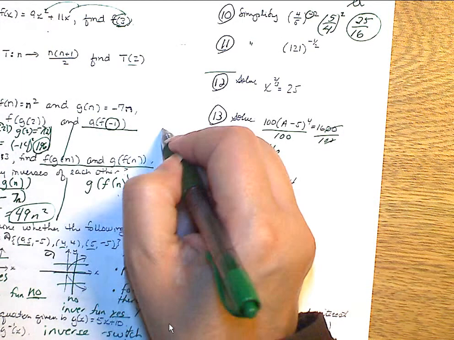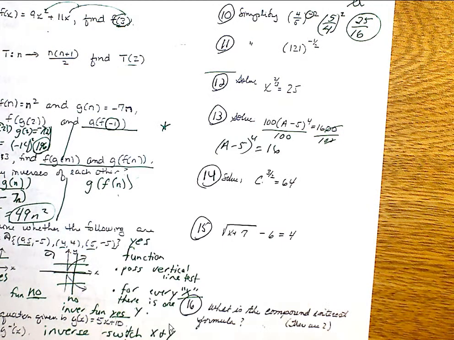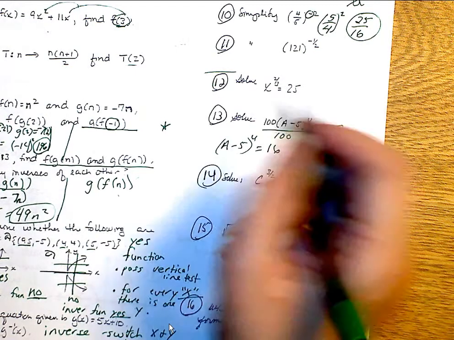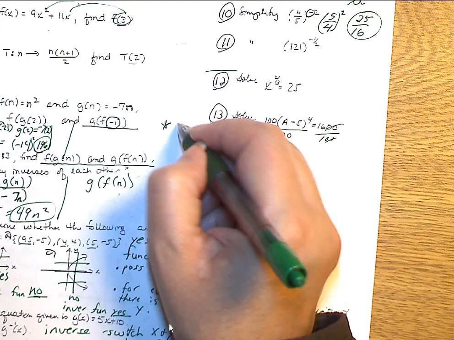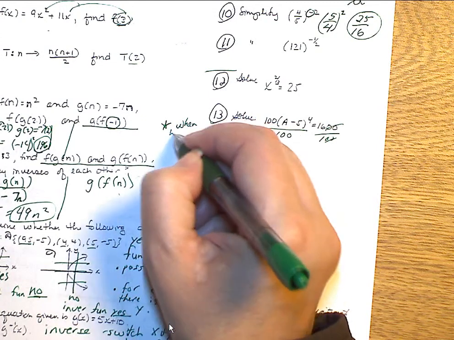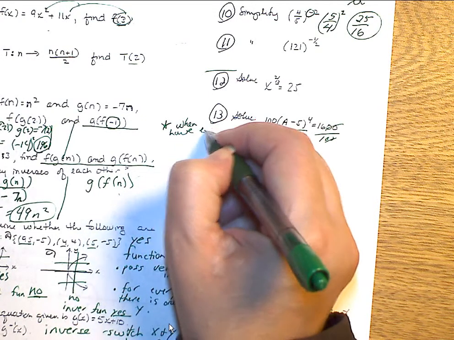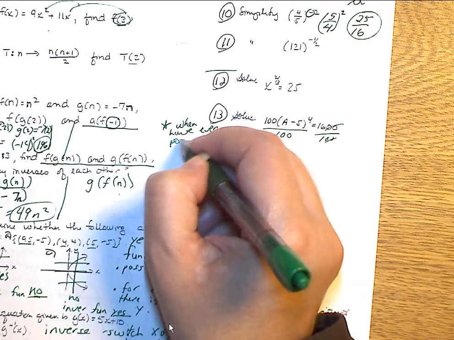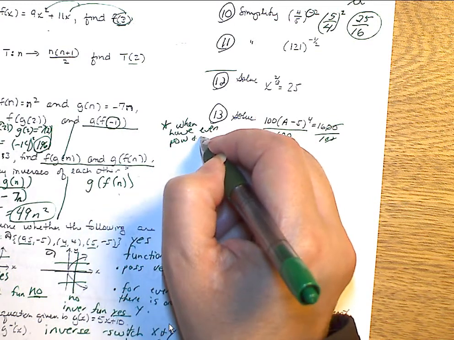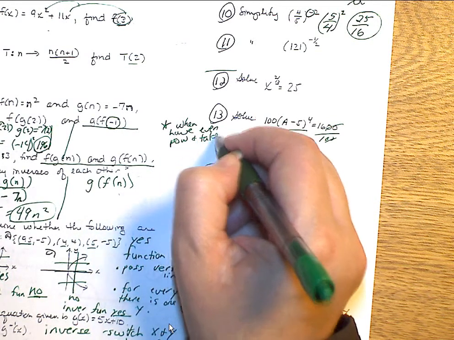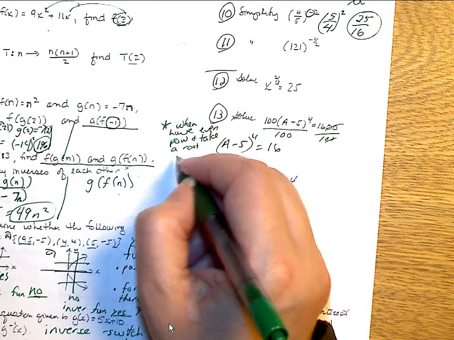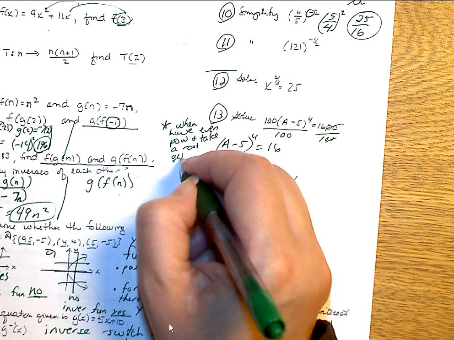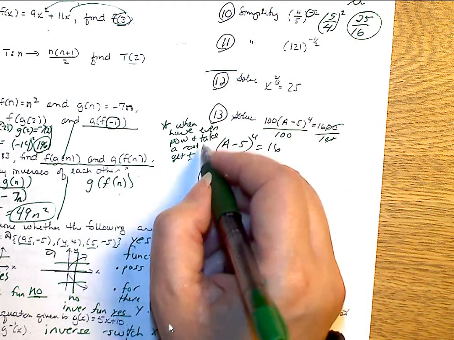Another note that I would put on my little cheat sheet is whenever you have an even power and take a root, you get two numbers. You get a plus or minus answer.